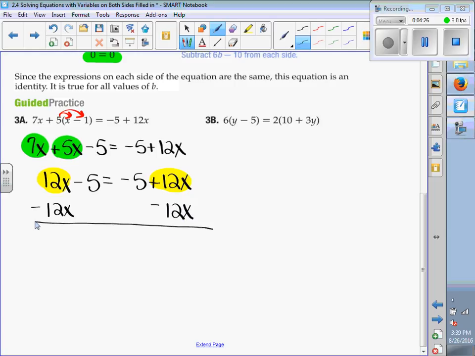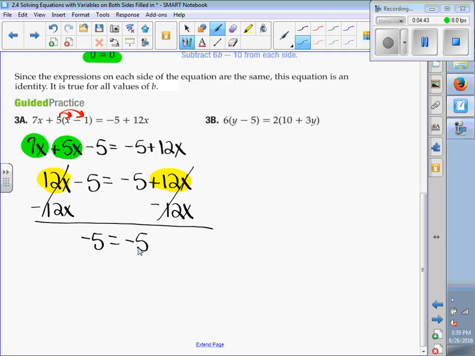So when we do that, 12x cancels here, 12x cancels there, and we end up with negative 5 is equal to negative 5.